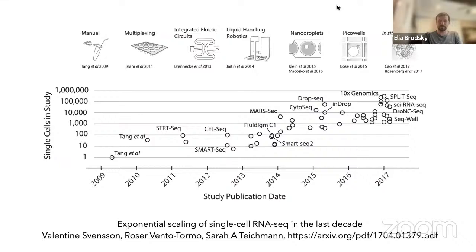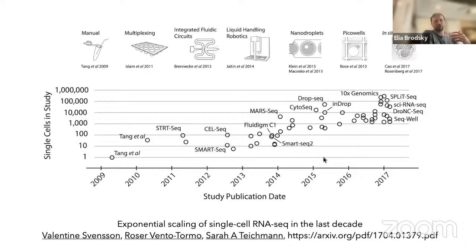And so today, when we look at the type of data that you are typically going to encounter, it comes from a specific machine that is designed to optimize, automate, and increase the number of cells and the accuracy of barcoding. But here you can see that from 2009, when the first paper on single cell was published in the middle of 2009, all the way to 2017, there is an exponential growth of these single cell approaches.